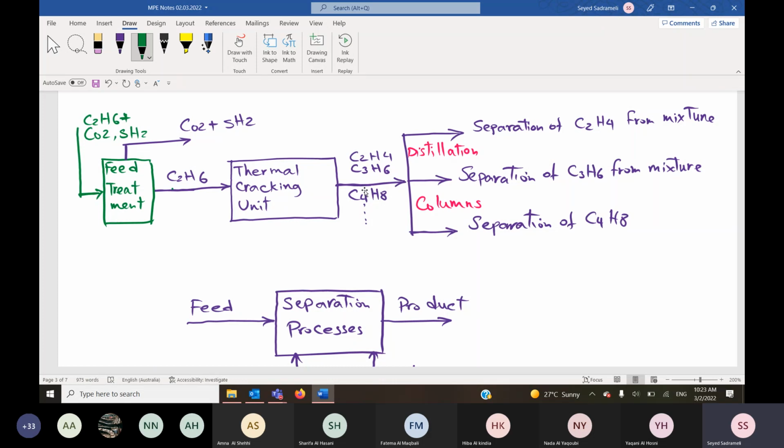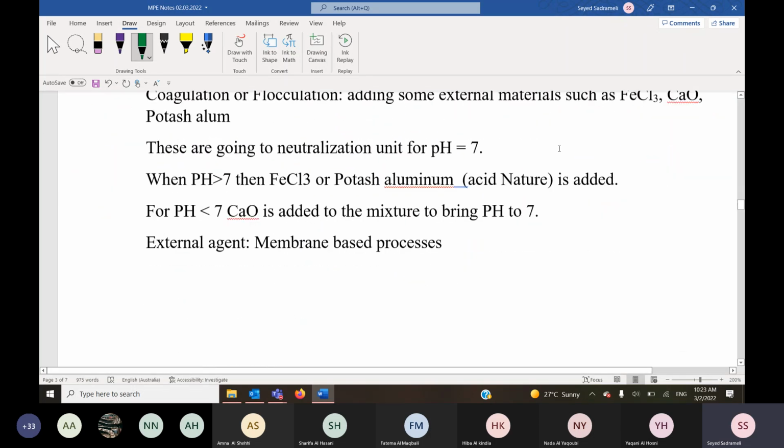So the first goes to the first separation column to release the C2H4 from the others. The second goes to the second column for purifying C3H6, and finally C4H8.